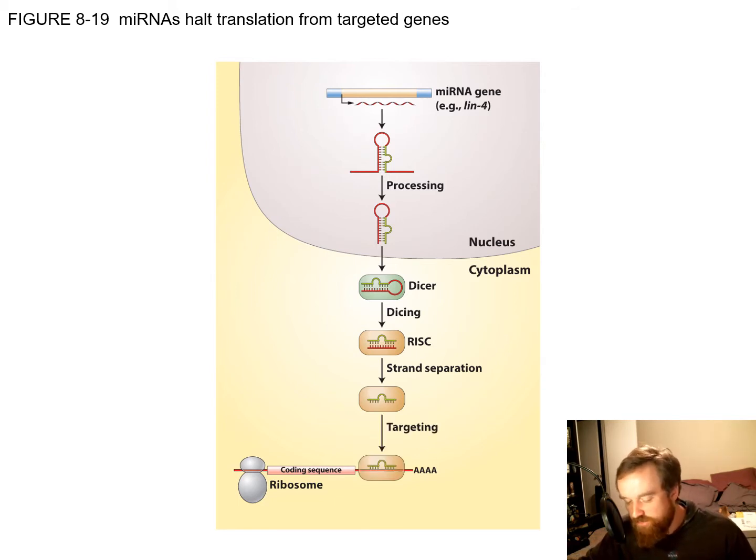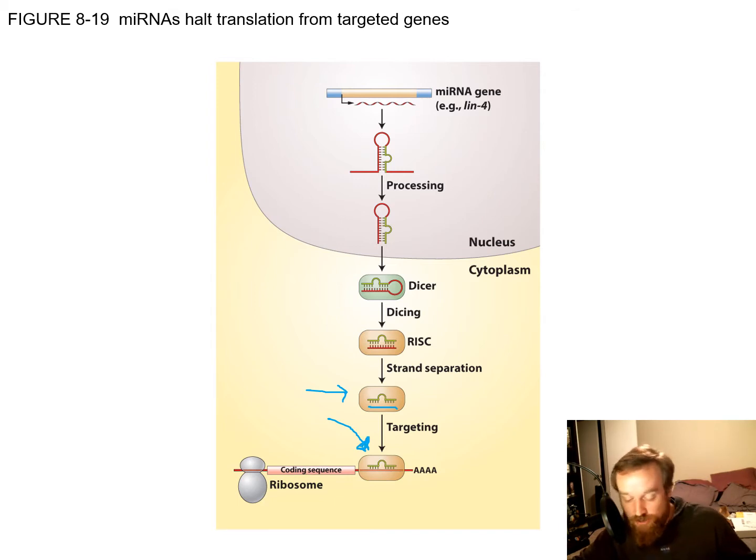So now we have this RISC complex which has a specific 22 base pair recognition sequence. And what it's doing is floating around within the cytoplasm looking for a piece of mRNA that has that complementary sequence of 22 base pairs that it can bind with.